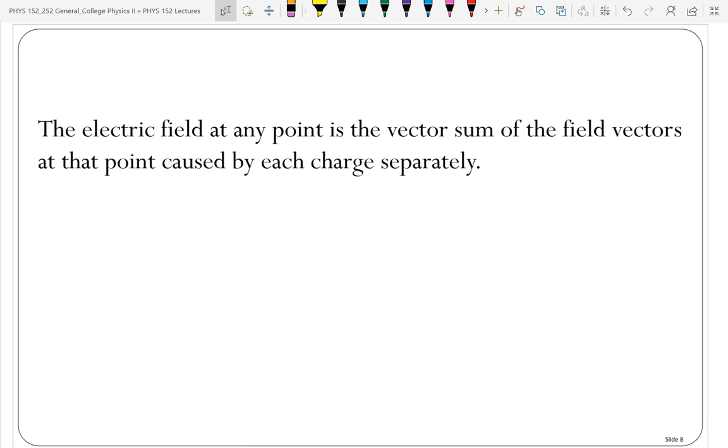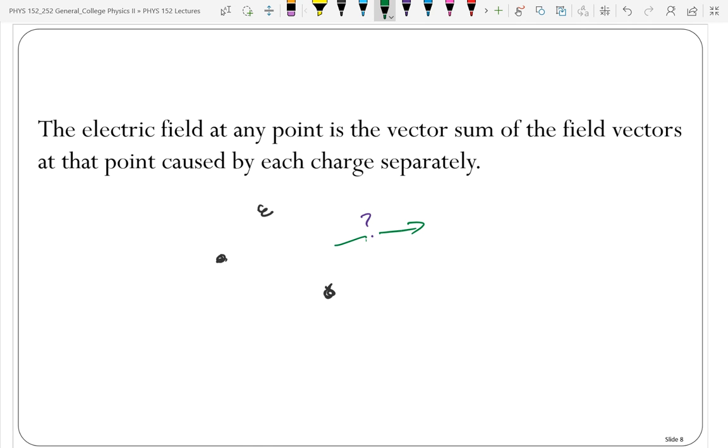Here is a standalone statement that's so important I gave it a slide to itself. The electric field at any point is the vector sum of the electric fields at that point caused by all of the charges. So if I have something like 3 charges, and I say, what's the electric field here? I just say, well, charge number 1 makes an electric field like this.